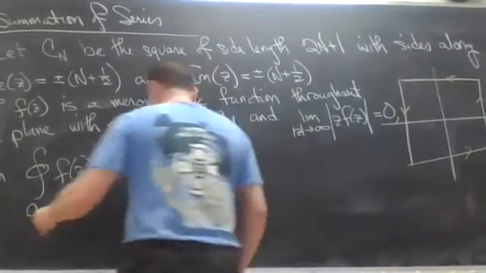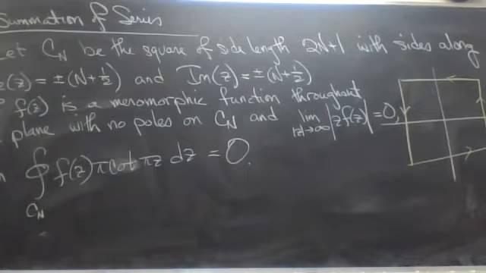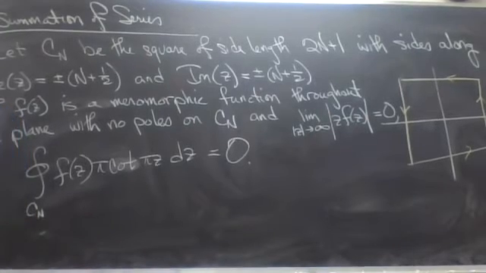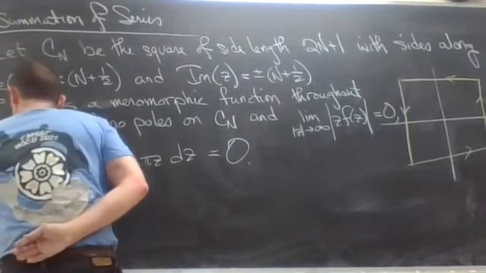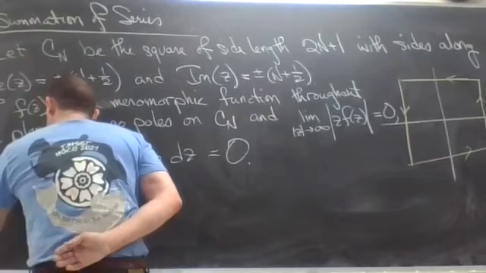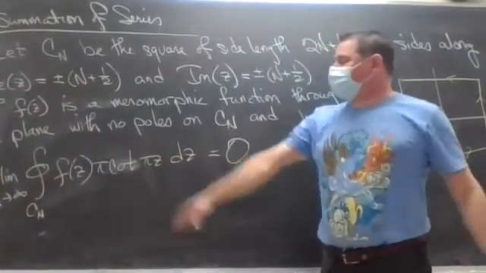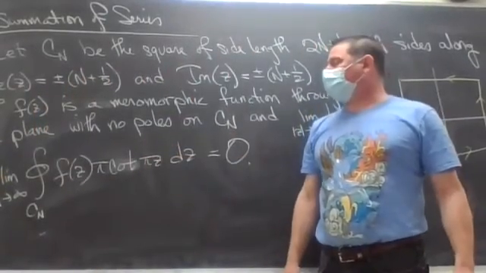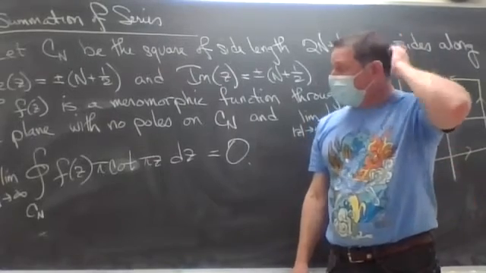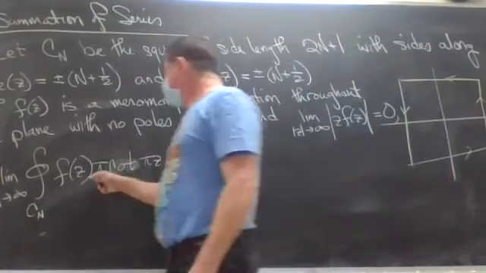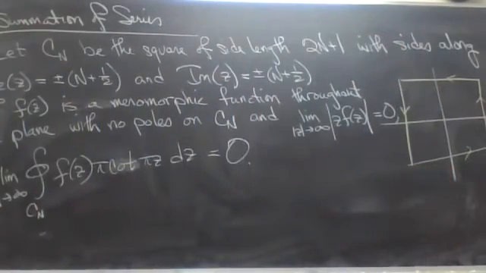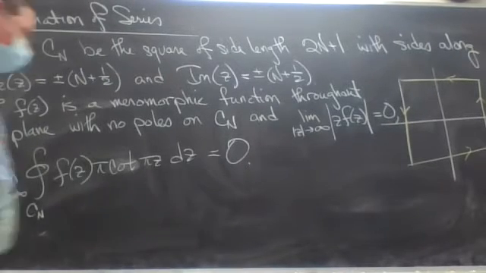Oh, sorry, limit as n approaches infinity. All right, as n approaches infinity, the integral of f of z pi cotangent pi z dz is equal to 0.